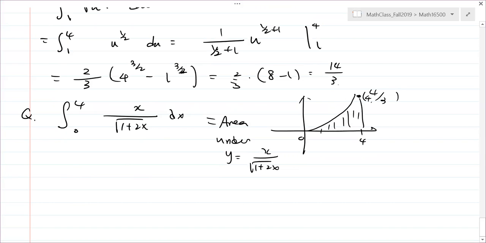Or you can stick with the definite integral. You change the variable, and if you don't want to go back to the original variable, you just use a new interval for the new variable. Everything is connected. If you change one, you have to change the rest.